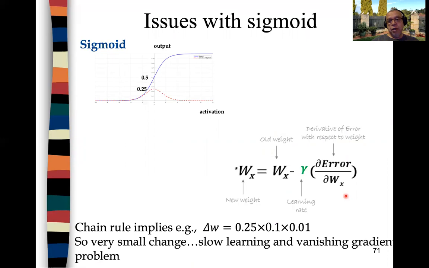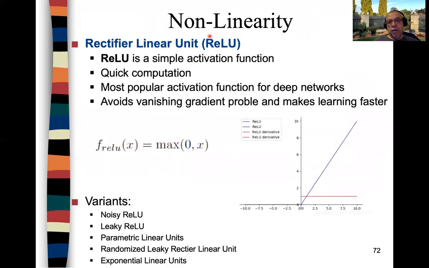Now in response to that, a more popular activation function called the rectified linear unit, or ReLU, which is a simple activation function, as we're going to see, because it accepts any real values, and the output is either 0 or this value, as we're going to explain now.